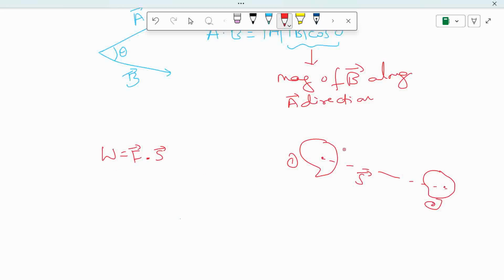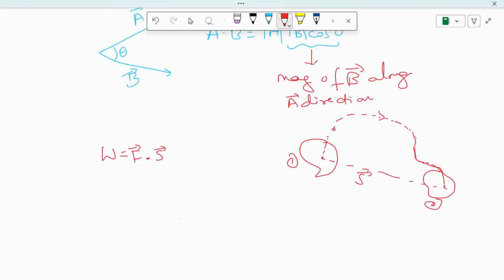Now, what if the stone is moved from 1 to 2 along a path like this? Firstly, it is moved like this here, and then it is brought here, and ultimately, I'm just tracing out the center of mass position.